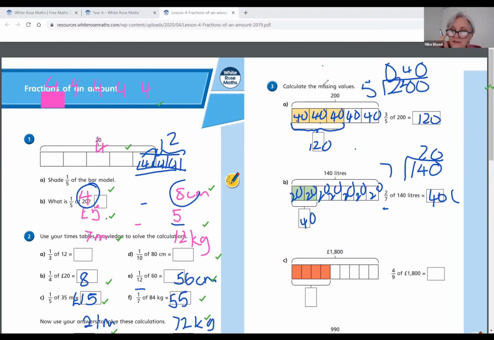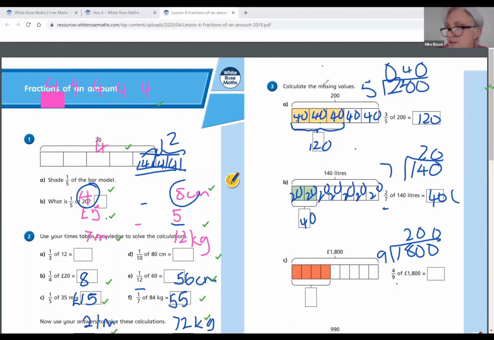And then the last one is £1,800, and I want 4/9 of 1,800. So there's my bar split into ninths. To find what 1 bar is worth, I'm going to divide the 1,800 by 9. 9 into 18 goes 2 and then 0, 0.